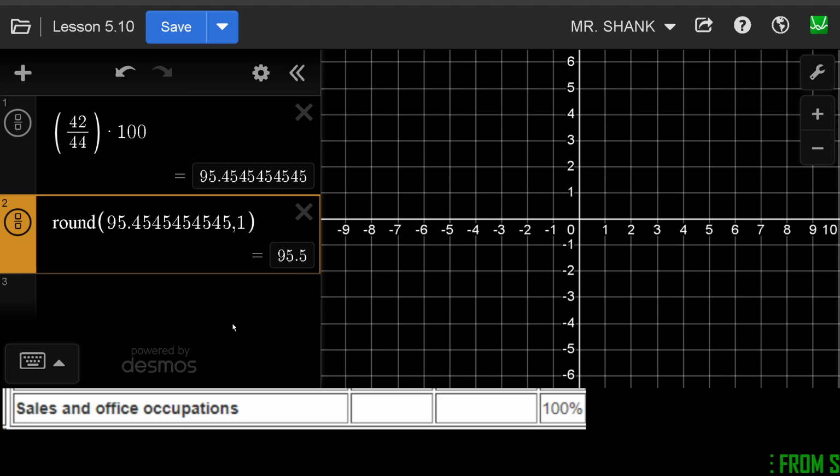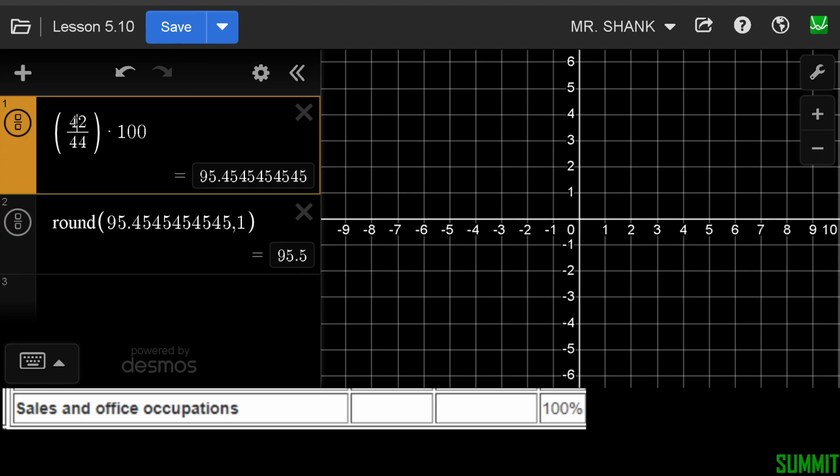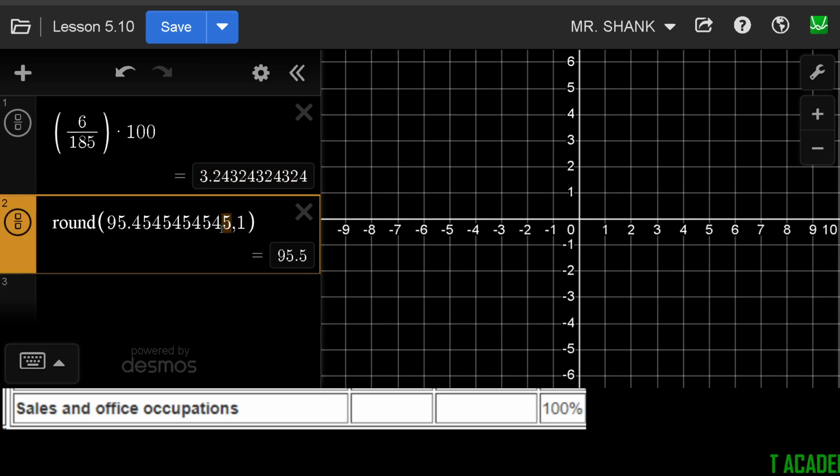My numerator is 6. I'd recommend you do this with me so that you can practice typing it in. And then in my denominator, I have 185. I'm going to take that value, round, comma 1, because I'm rounding to the tenth of a percent. So that's going to be 3.2%.